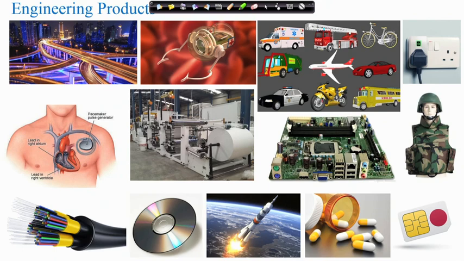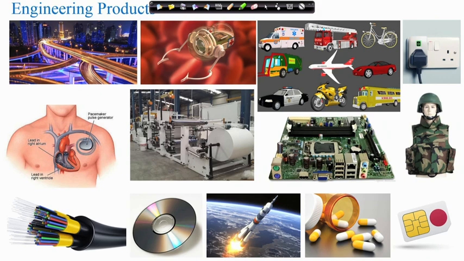This product could be different kinds of vehicles, then a motherboard or computer, then jackets, then the switchboard that you can see in your house, the optical fibers, CD, the pacemaker that we put in the human body, and even the SIM card. So, all these products that you can see now on the screen of your monitor, you can all relate to those products. In fact, there are many such things.